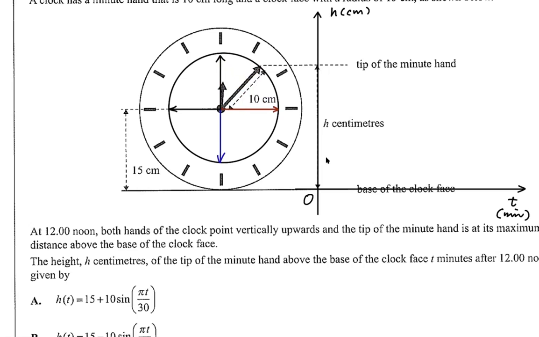15 plus 10. T equals 0, H equals 25 centimeters. That's 15. So T equals 15. The height is 15. Another 15 minutes, you reach T equals 30, and this is the lowest height. 15 minus 10, 5.